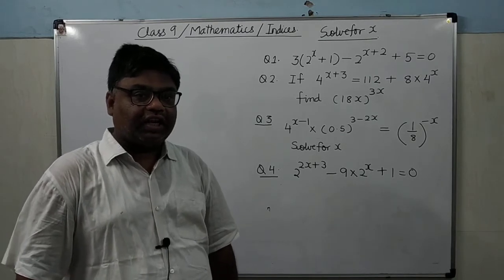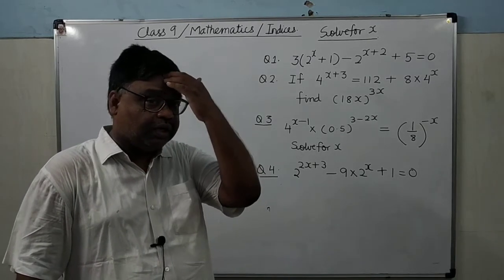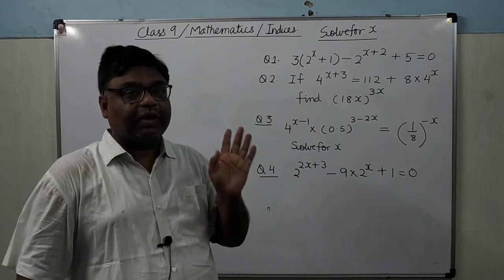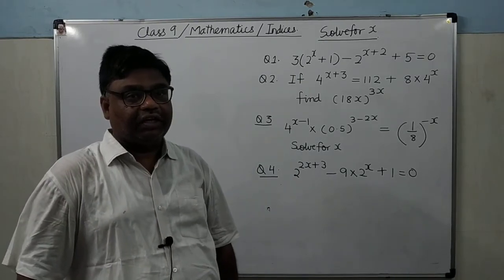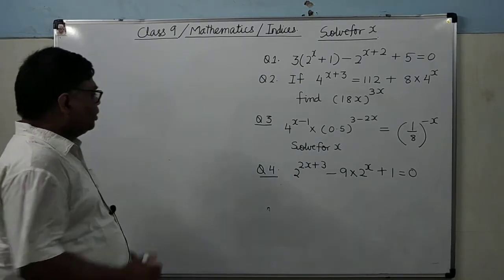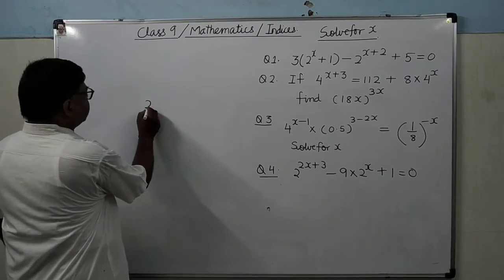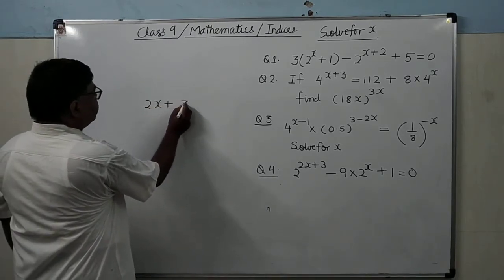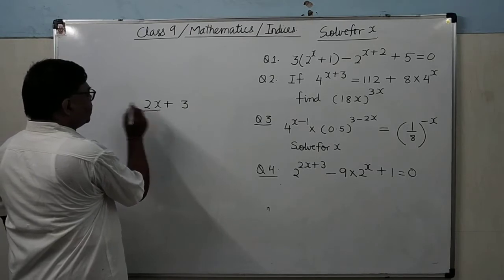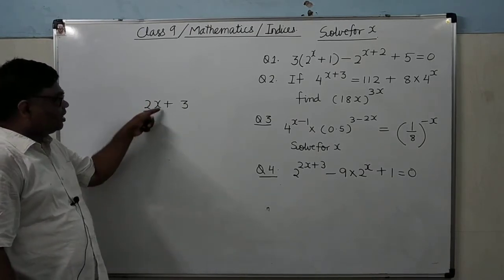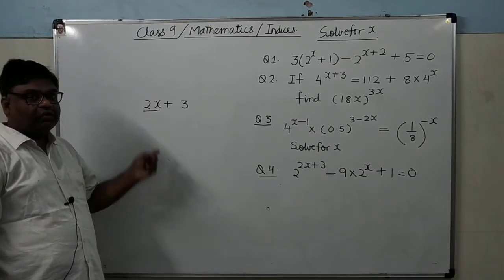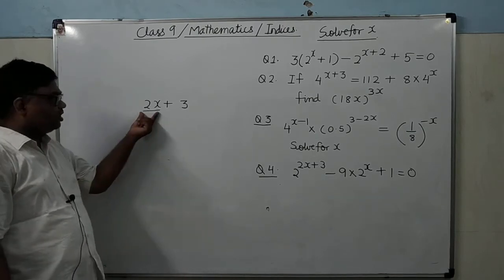Trinomial containing three terms. And as we know that powers are separated by plus and minus sign only. It's clear? Means when you are writing 2x plus 3, it does not mean that this is containing two terms. It is a single term. Here 2 and x is in product and it is a single term.